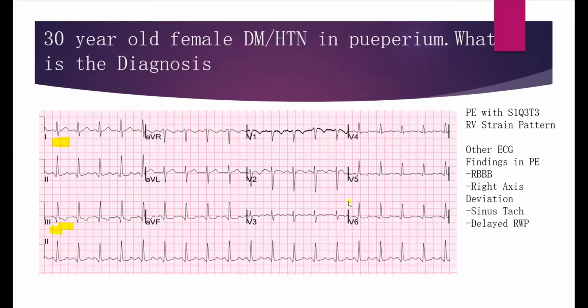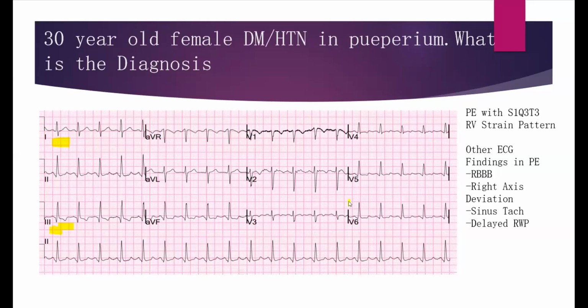Yes, Jabar, you can go ahead. In the scenario whereby you don't have, let's say, S1, Q3, T3, or let's say even this ECG here, when you're looking for right ventricular strain, could you also say that there's ST depression and T wave inversion in V1 to V3? Yes, so that is what is known also as a strain. Okay, so you have the RV that is under strain. So T wave inversions can signal a patient who has an RV strain pattern.